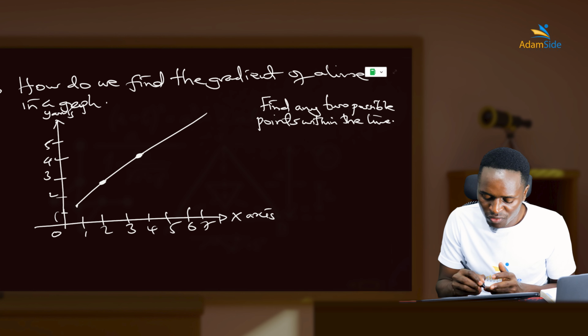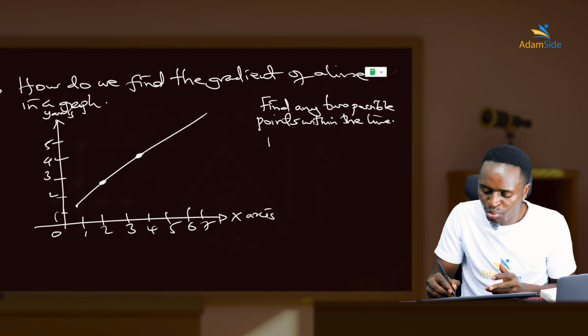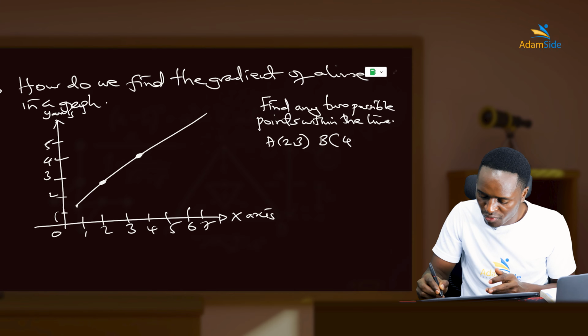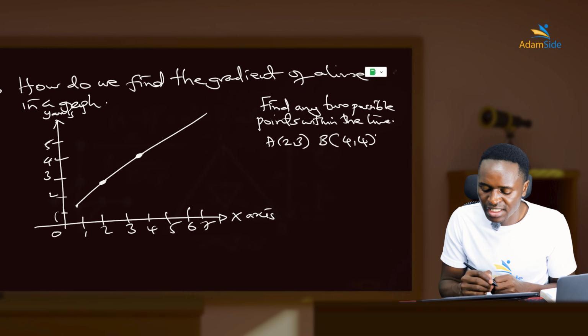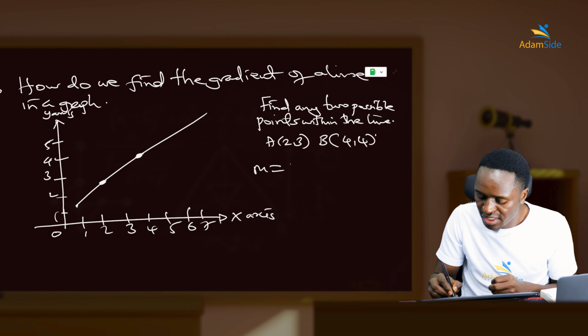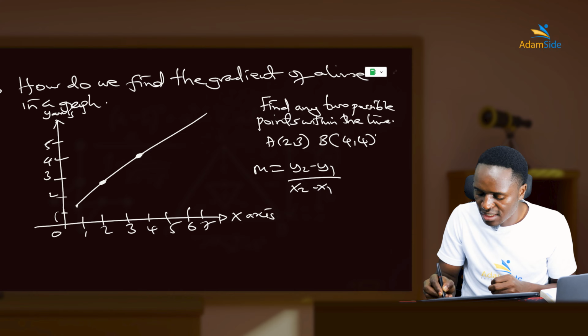For example, let's say point A is (2, 3) and point B is (4, 4). Then find the gradient: change of y divided by change of x. We say M, which is the gradient, is y2 minus y1 over x2 minus x1.